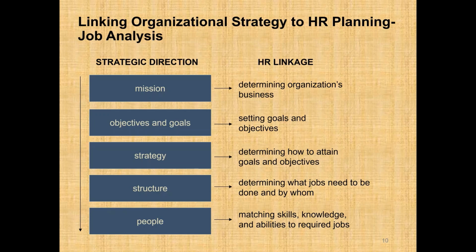So the last function of the strategic direction of HR planning is people, in which the skills, knowledge, and abilities are matched towards the jobs that the organization needs to be fulfilling.